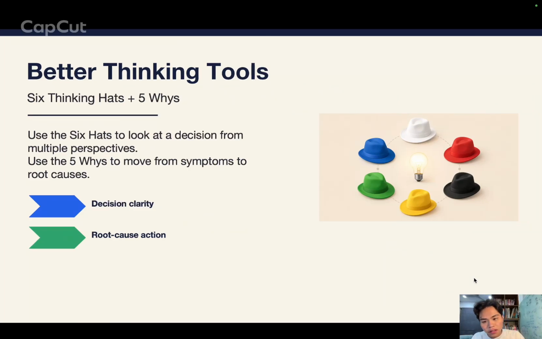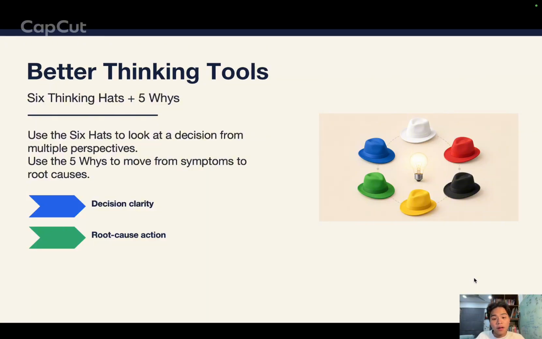Today's topic is going to be the 6 thinking hats method and the 5 whys method. Both these techniques help us to solve problems, but they do different jobs. 6 thinking hats help us to look at a decision or a problem from many points of view.